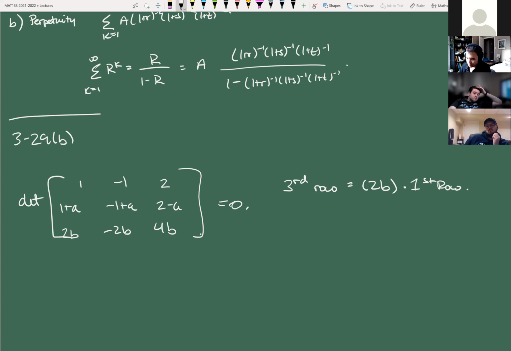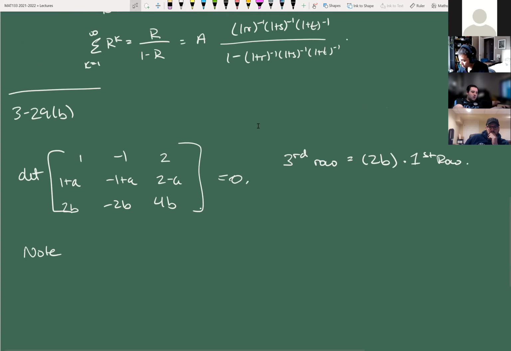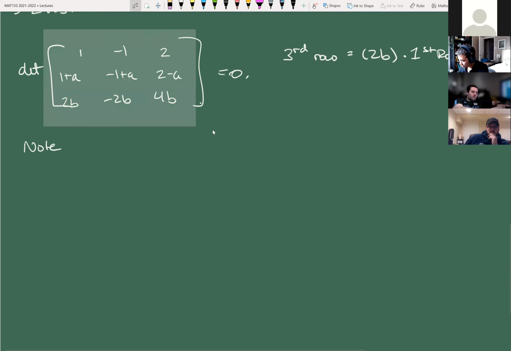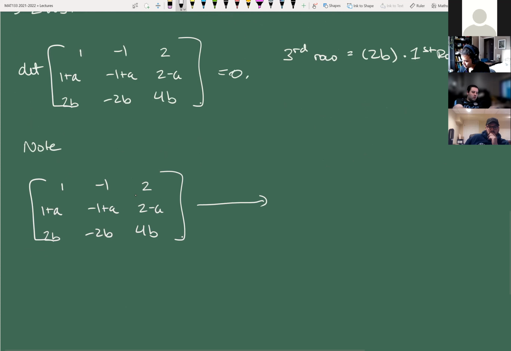Okay, so let me write this out. Note that if we row reduced this, let me copy this so I don't have to write it all again. What I could do is negative 2b r1 plus r3 into r3, right?